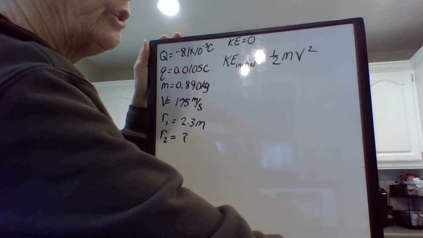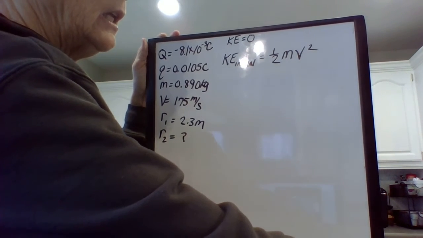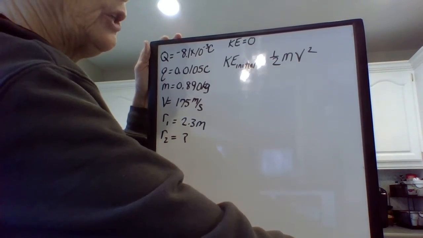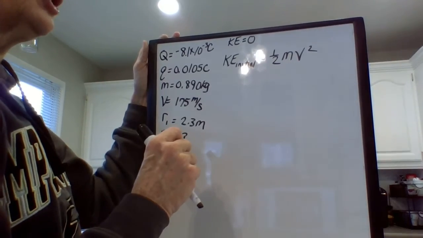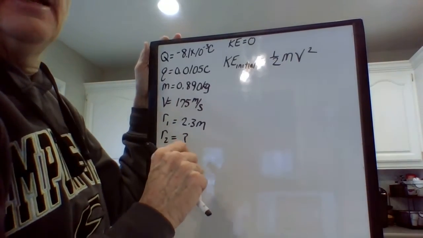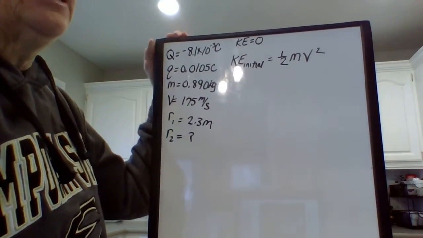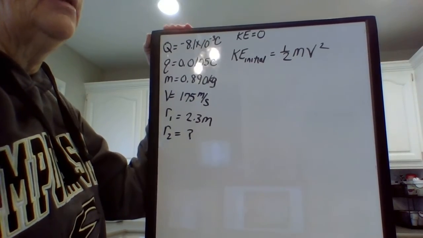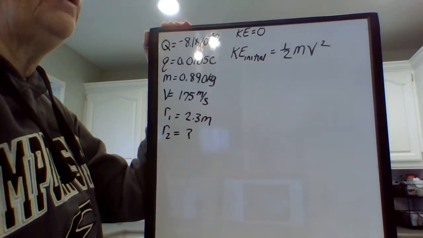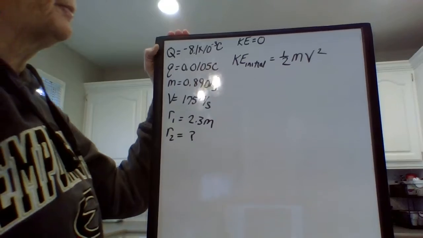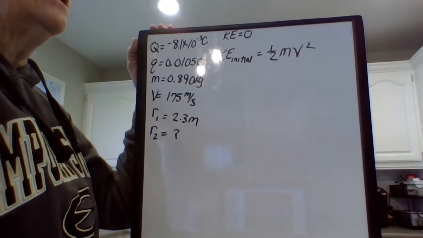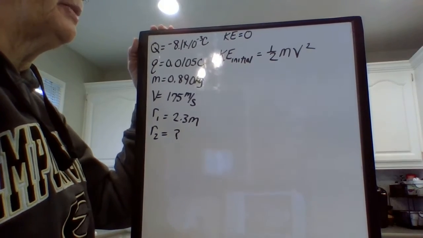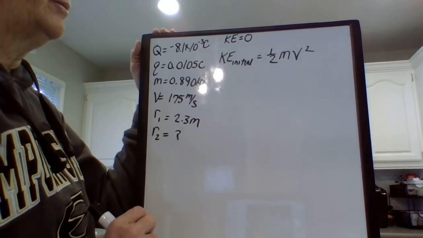And if you look at the charges on this, it's a negative charge being shot at a negative charge. So it's going to move towards the negative charge just initially, but it's going to start slowing down because like charges repel. But it is going to move closer before it starts turning around. That's what we're trying to find out. At what point does it get close enough that it stops moving and starts going the other direction?